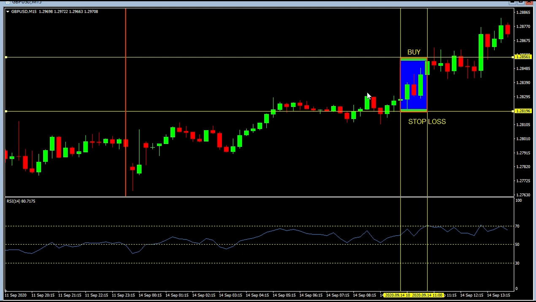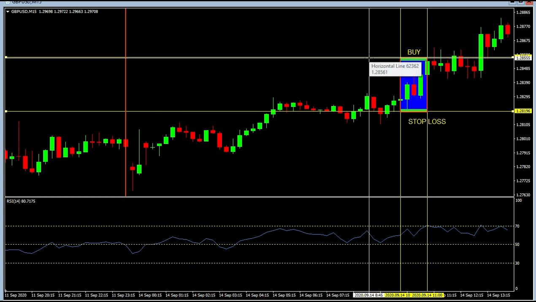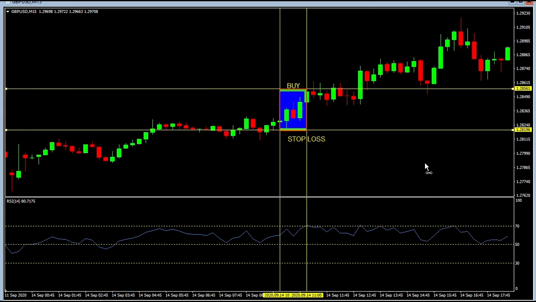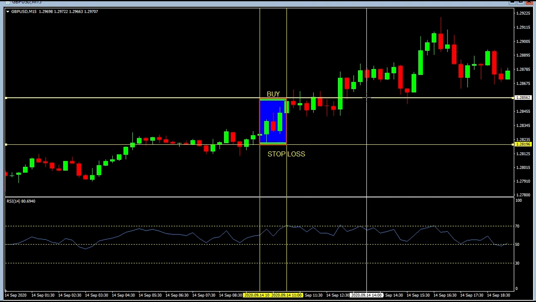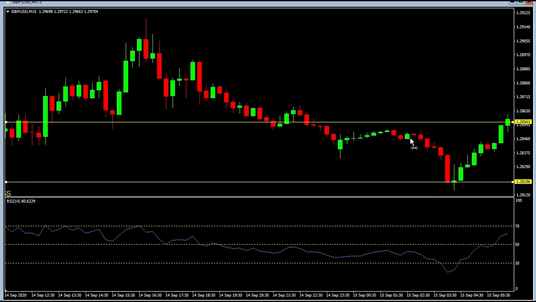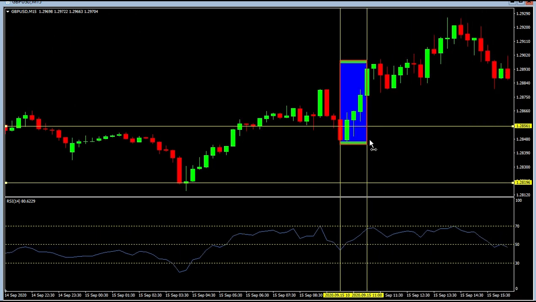Now let's see how much you're risking. You're risking 36 pips. Let's see, do you get 36 pips profit? Yes, you get it on this candle, 36. It goes as high as 45 pips, so you get it here. Then you come here.